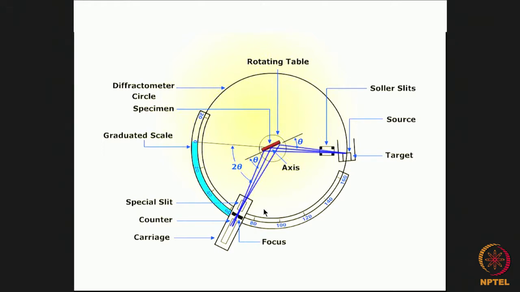You see, this is a cross section of a diffractometer equipment. So, this big circle is known as the diffractometer circle. At the center, you have a rotating table where the specimen is kept. Now, this is the source of X-rays, and a divergent beam of X-rays is allowed to fall on the specimen, and the diffracted beam is recorded in a counter which is mounted on a carriage that can move over a graduated scale.